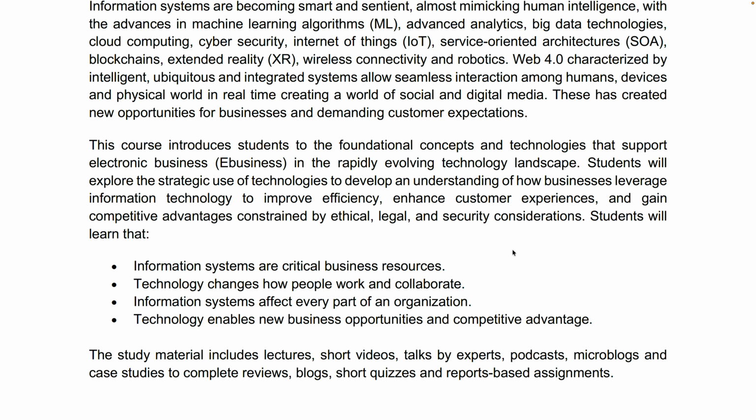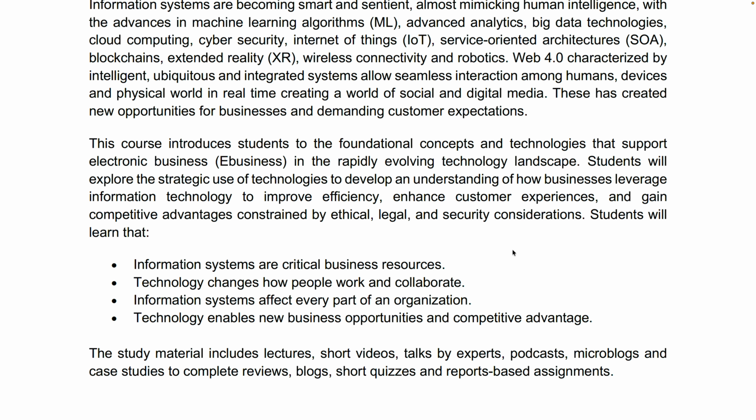So the study material includes pre-recorded lectures, short capsule videos focusing on one aspect of the information technology, talks by the experts, discussion-based podcasts, microblogs, which are the front runner of the new evolving landscape, or they are the harbinger of what to expect in the near future.